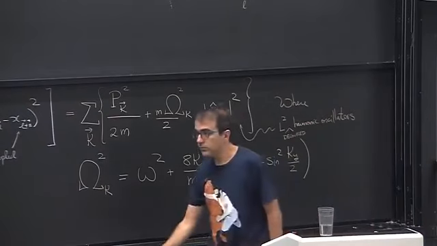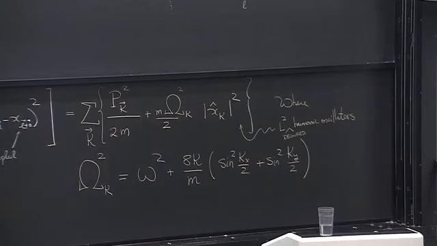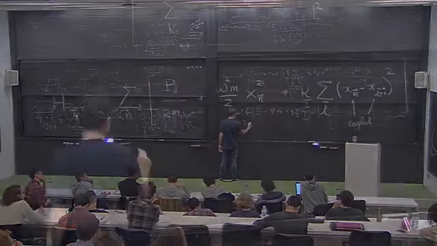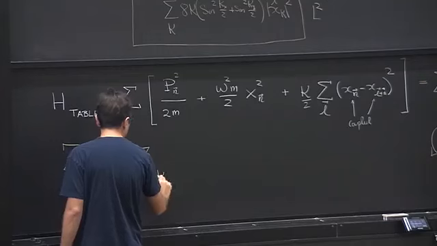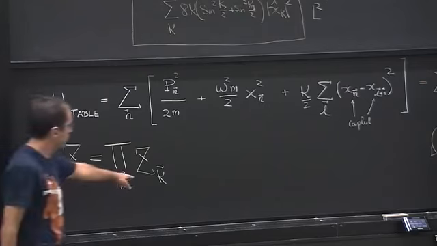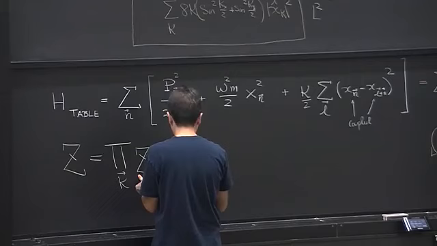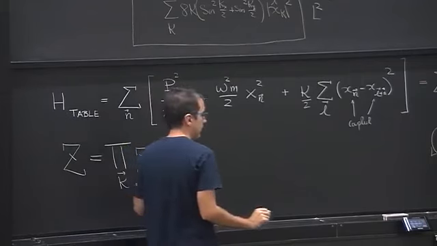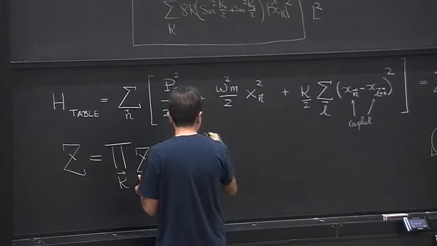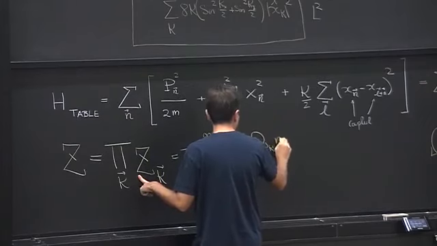And because they are decoupled, our partition function is just the product over each of these oscillators of the partition function of each individual oscillator, which is just what you computed in class yesterday for an oscillator. You just sum over n from 0 to infinity e to the minus beta omega k n.